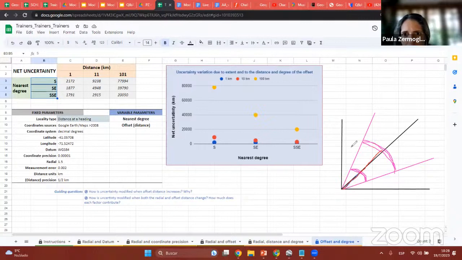And if I move 100 kilometers, I'm moving up to here, so the associated uncertainty is going to be much bigger. And so as we reduce the distance, we get less uncertainty associated with direction precision.